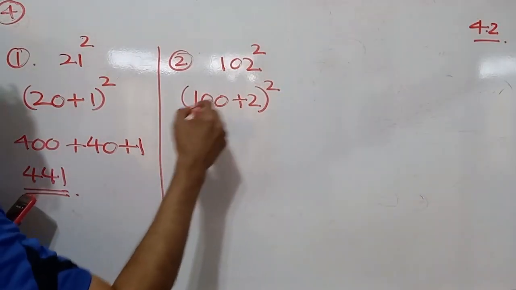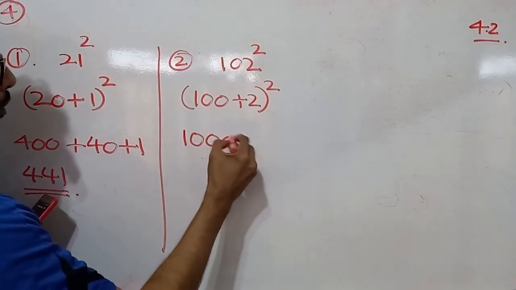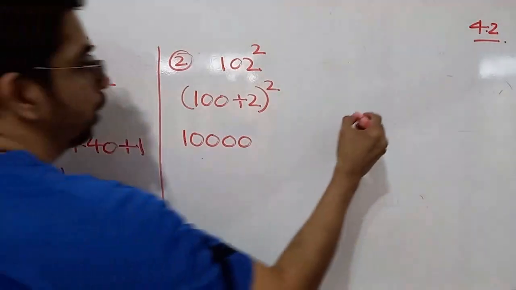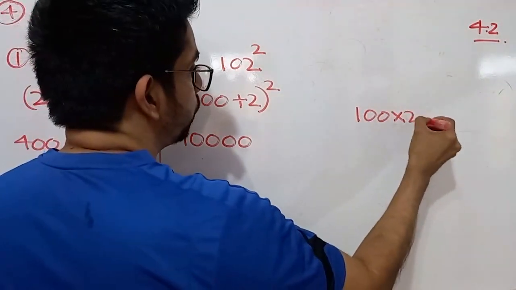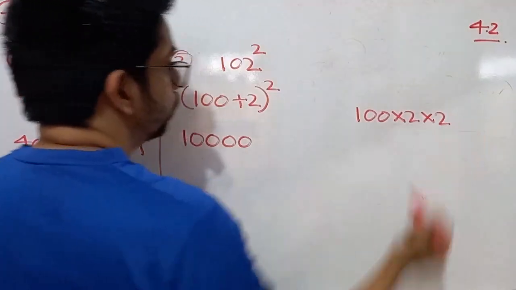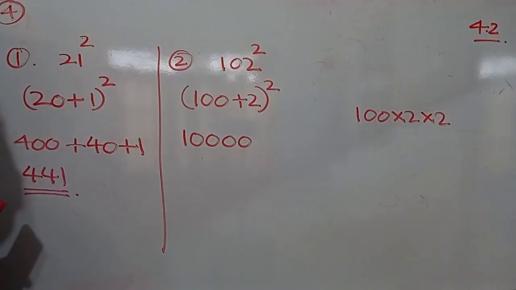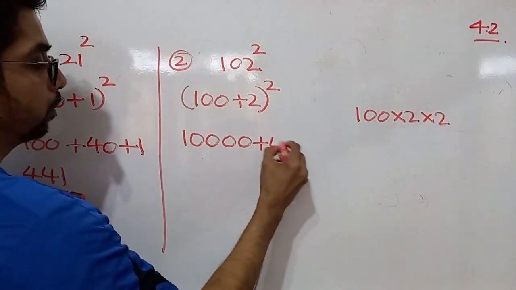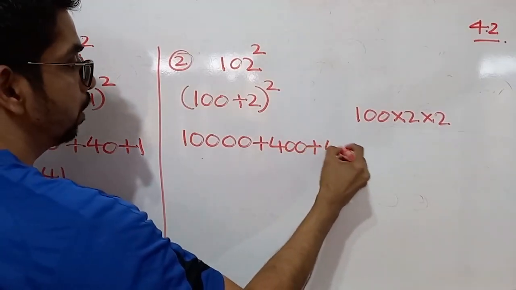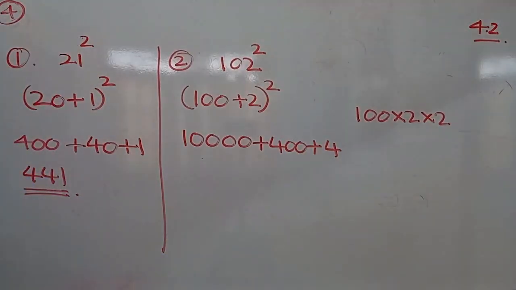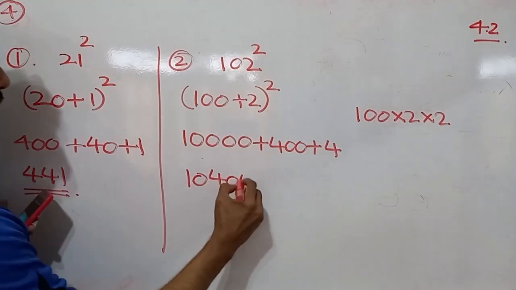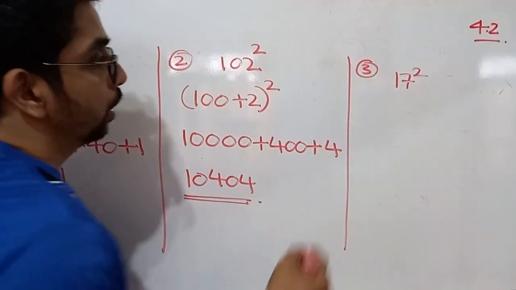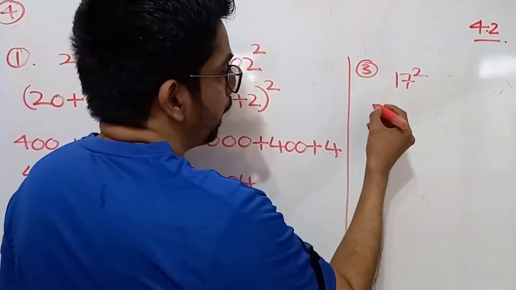So square of 100, that is what? 10,000. Multiply 100 by 2, again by 2, what do we get? 400 plus 400 plus 4. So this is what? 10,404. So we can write 17 squared as what?